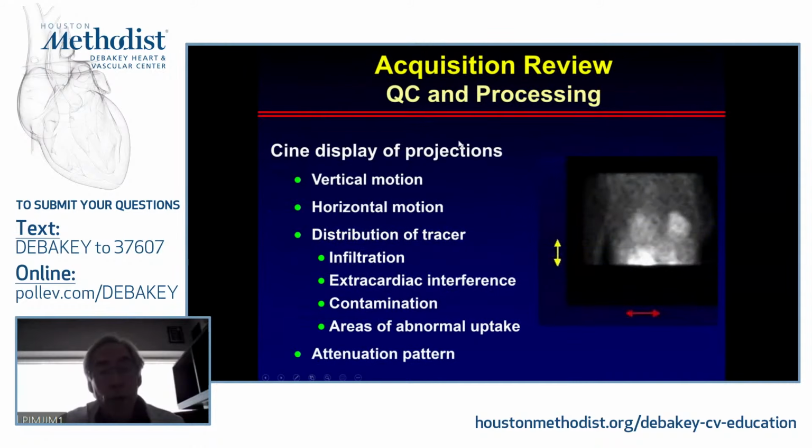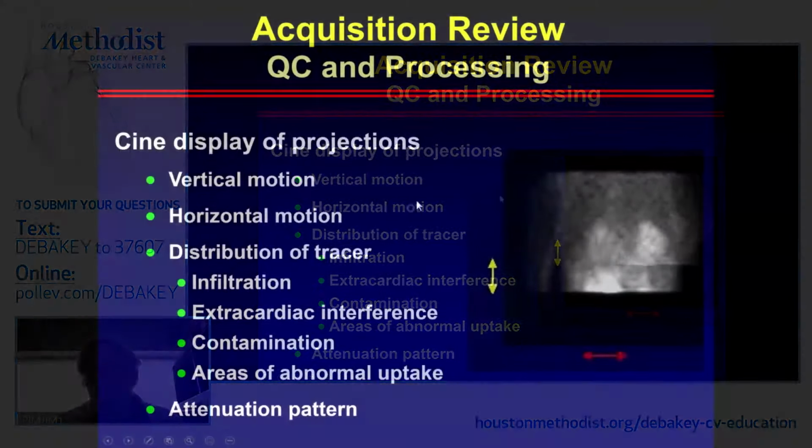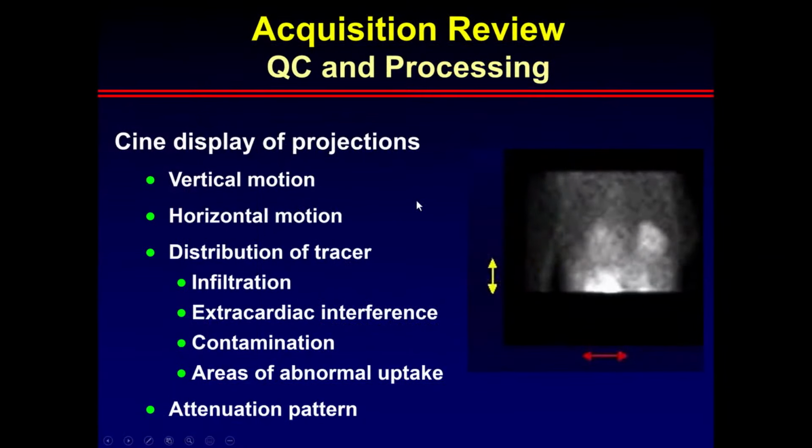All right, we're also now going to talk a little bit about, in the last few minutes, once you have the image, how do you assess the quality of the image, okay? So we want to look at the raw data when we do this, okay?